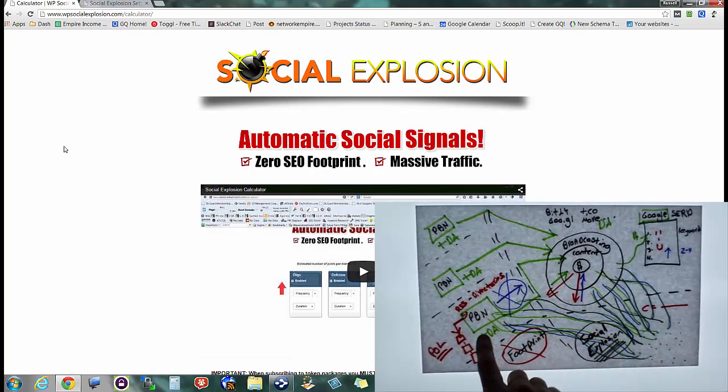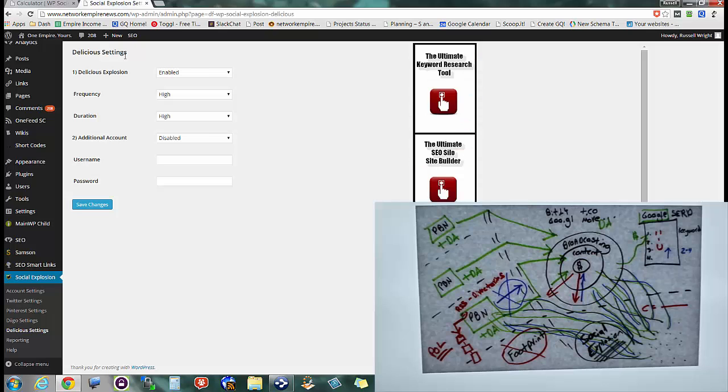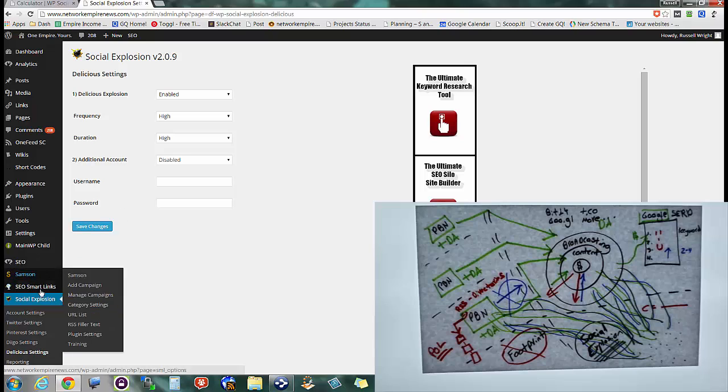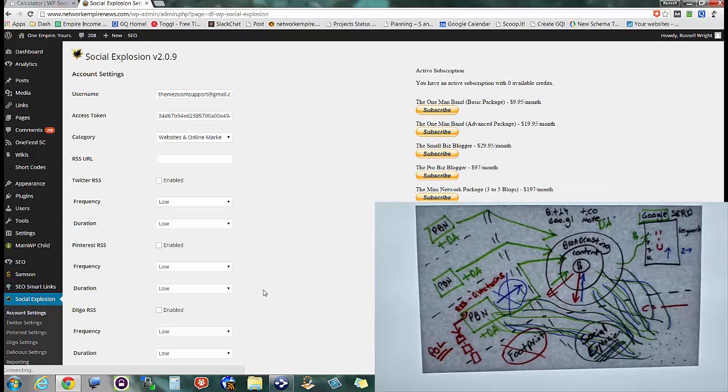Just be careful what you put in your RSS feeds inside Social Explosion, again, back here, because let's go back up to the account setting. If you put an RSS feed from a location in here that's not your primary site, you could spend a lot of money juicing it up, especially if you submit 100 at a time.